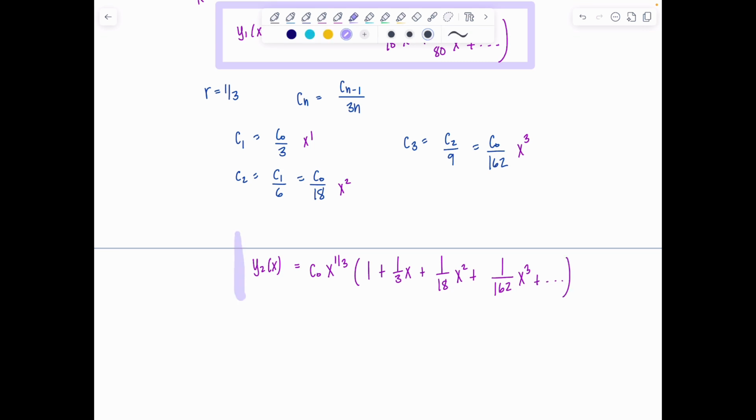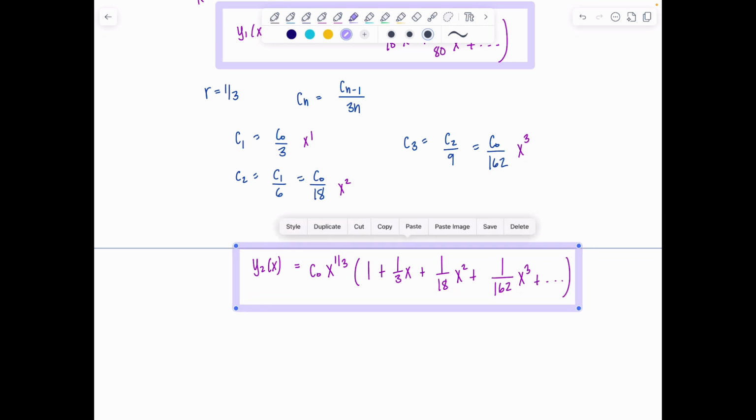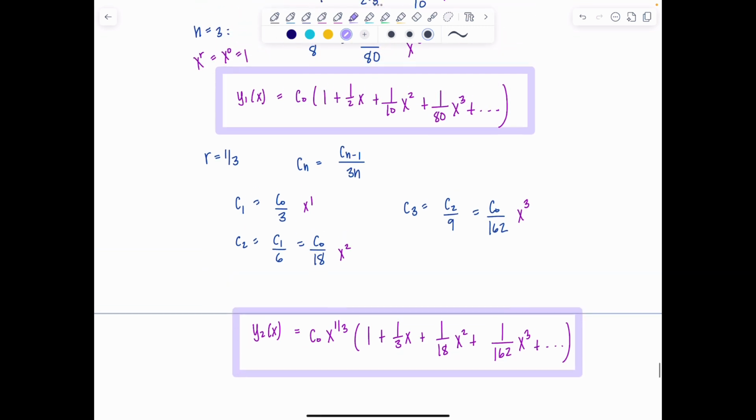So then I did ask them in the directions to form the general solution on the interval from 0 to infinity. And just to make it really cute, we're going to make a linear combination of these two solutions. And I'll rename C naught to be C1 to match the subscript on this function. And then I'll rename this constant to be C2 to match the subscript here.